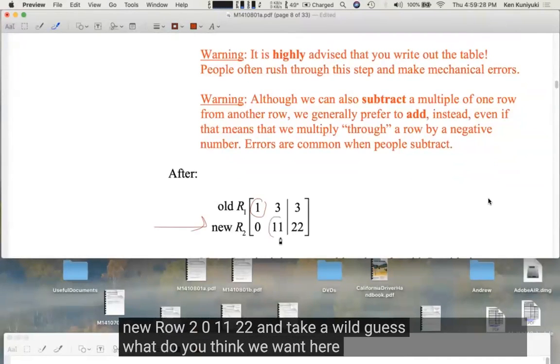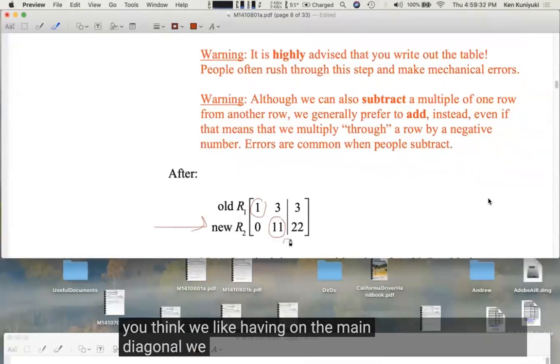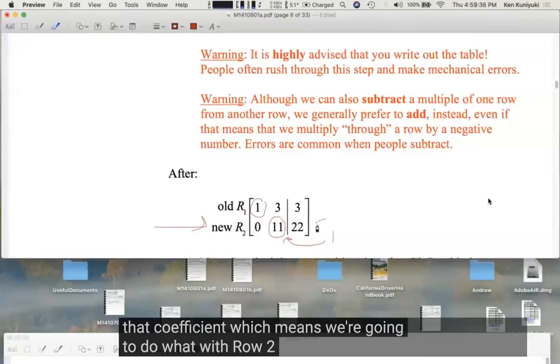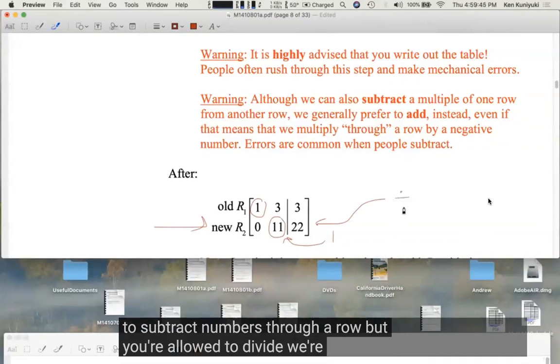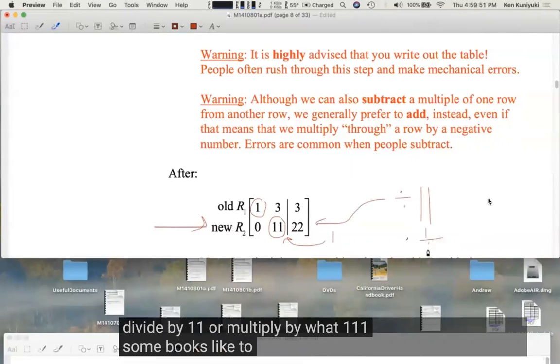What do you think we like having on the main diagonal? We like having 1s. We like that coefficient, which means we're going to do what with row 2? You're not allowed to subtract numbers through a row, but you're allowed to divide. We're going to divide by 11, or multiply by what? 1/11. Some books like to think of it that way.